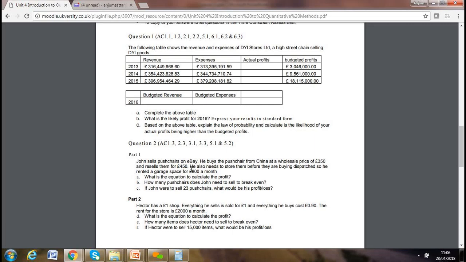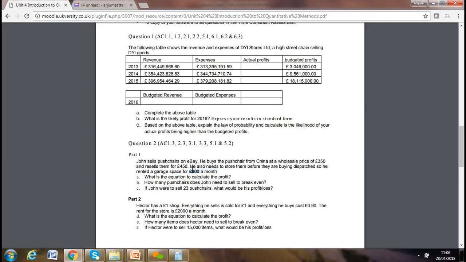Is it 800 divided by 100 or 100 divided by 800? No, 800 is a fixed cost, the rent. The rented garage is paid each month. We carry on paying £800 a month. Are you getting me? Yes.